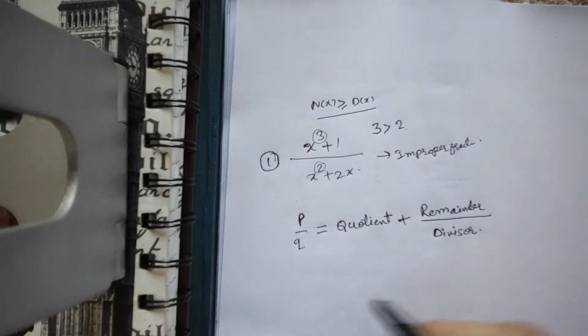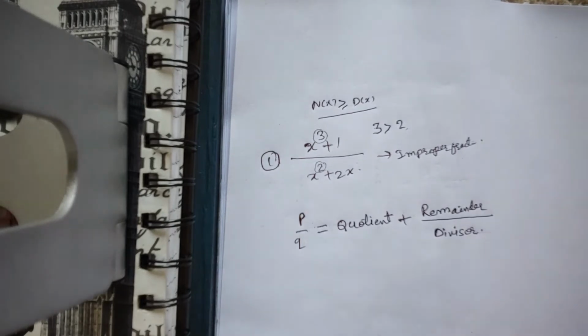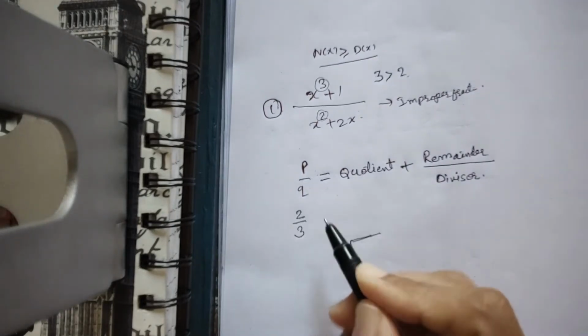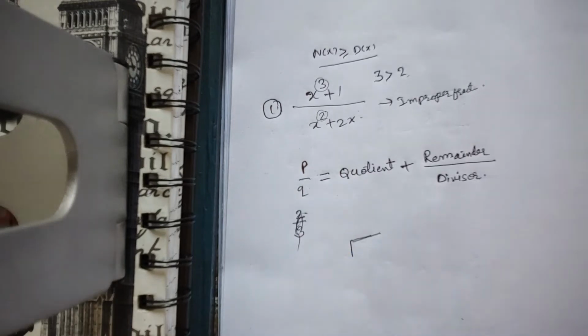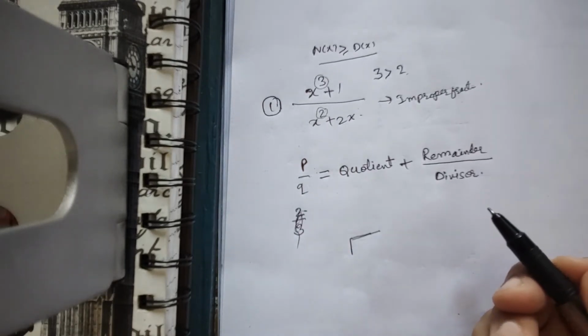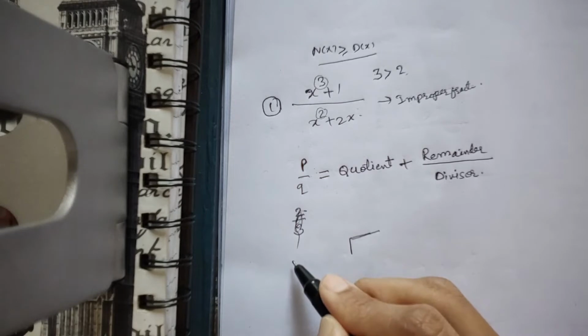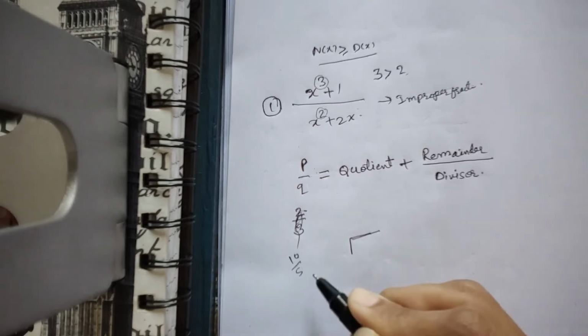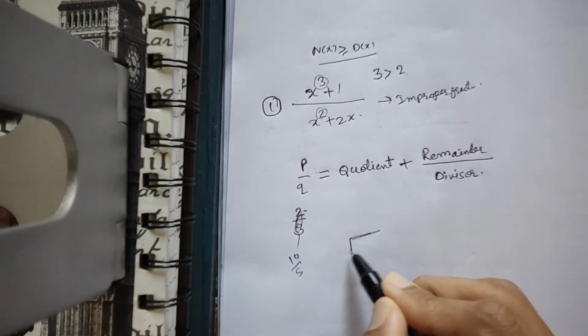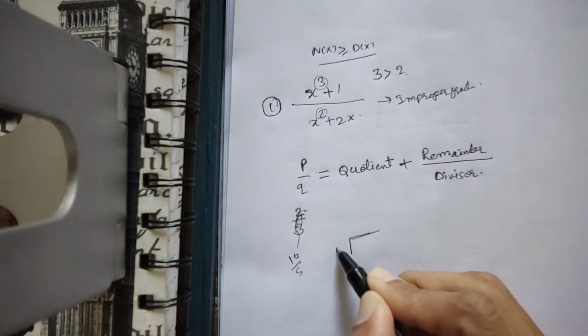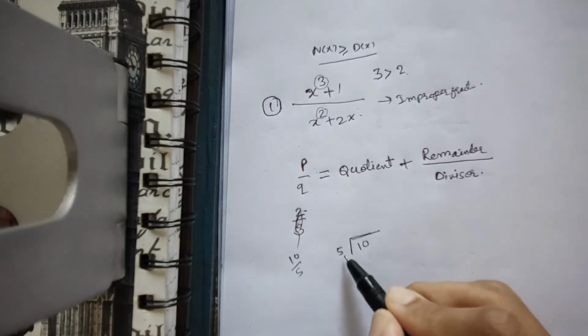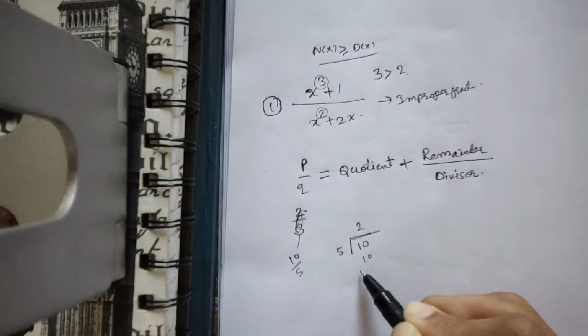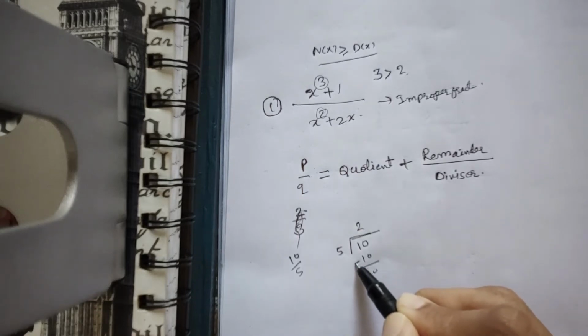Any number, if I want to divide 10 by 5, how do I perform actual division? 5, 10 here, 5 twos are 10, so 10 I'll write here. I have subtraction here.